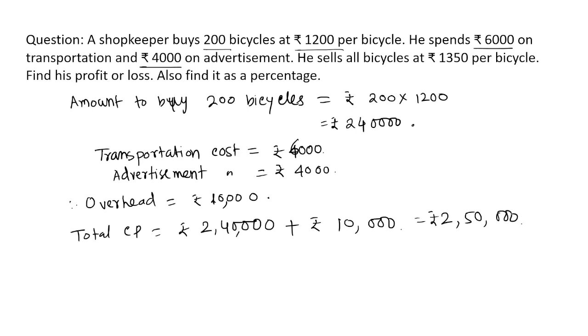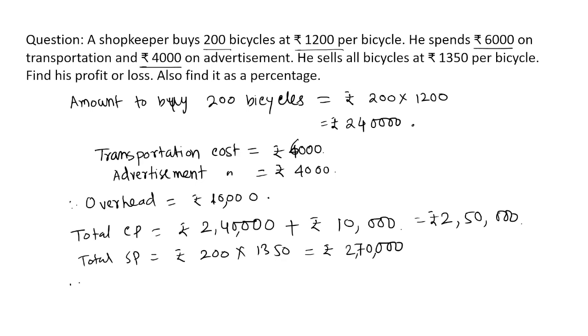Now the total selling price is 200 into 1350, and that is 3 zeros, 135 into 2, that is 270, so 2,70,000. So that means he gets more SP than CP.